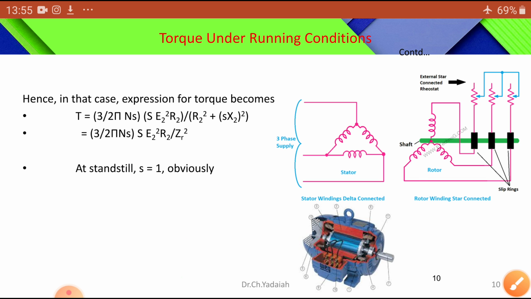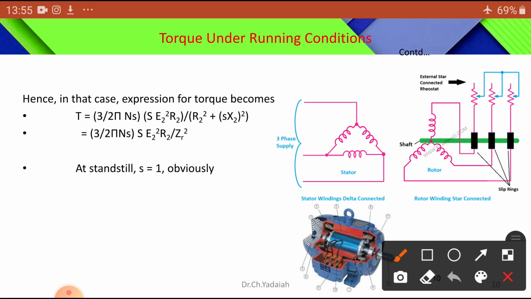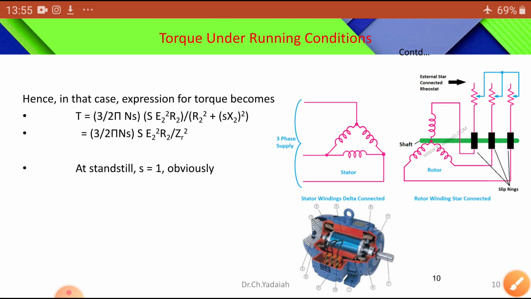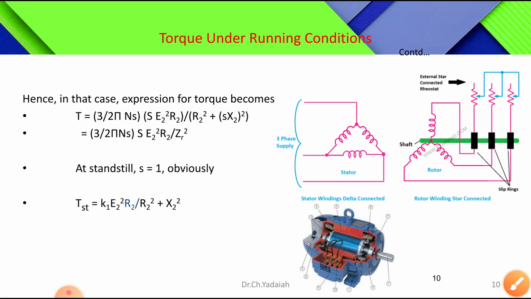So the torque at standstill condition is equal to K1 E2 whole square R2 by R2 whole square plus X2 whole square. This is the formula at standstill condition. So this is one equation.